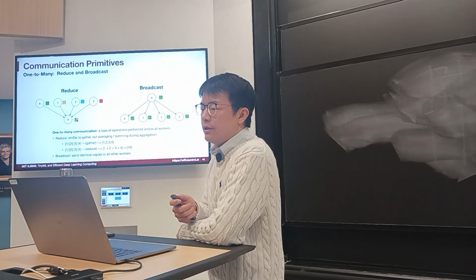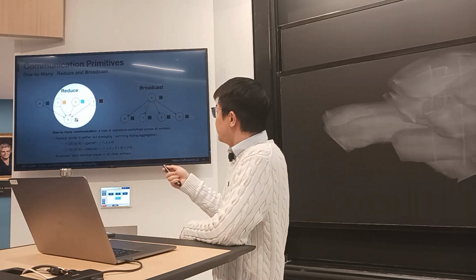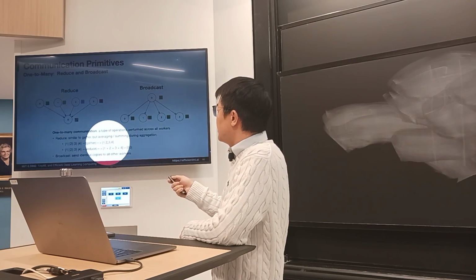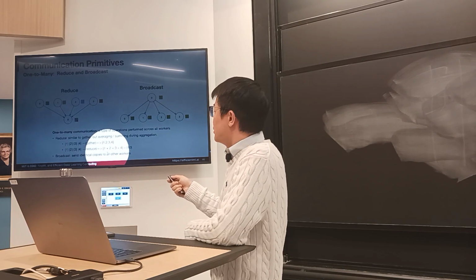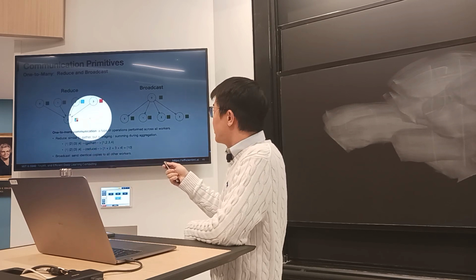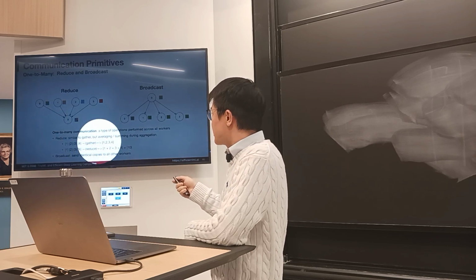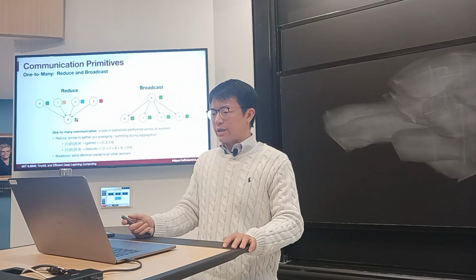Another one-to-many is actually reduce. Okay, so reduce is very similar to gather, but it's different. Gather basically only gathers all the data, but reduce will do another operation, which is to sum it up, or finding the sum, finding the max. It's going to do a reduce operation after the gather operation. So you can think of reduce as the gather operation followed by a reduction operation. If you sum them up, then that's reduce. If you don't sum it up, and leave it as is, then it's gather.